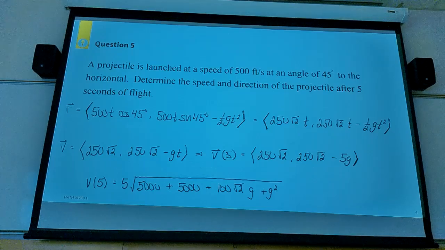I'm sorry, can you just explain how you got that 100 square root of 2g plus g squared again? Factor 5 out of the second term and square. Right, so it's 50 root 2 minus g, all squared. That is the speed.